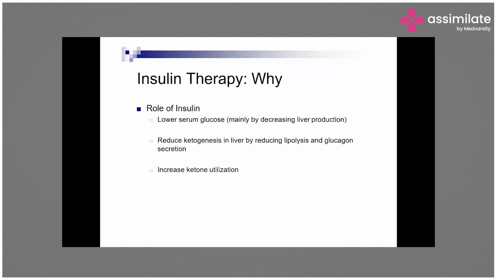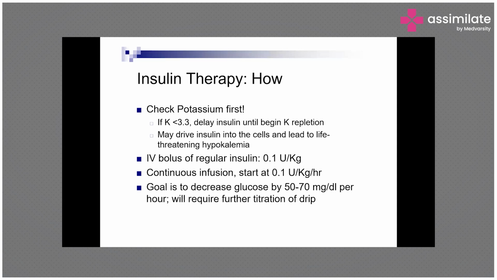And insulin will also help utilization of the excess ketones that are produced, and the excess glucose production can be controlled with insulin.